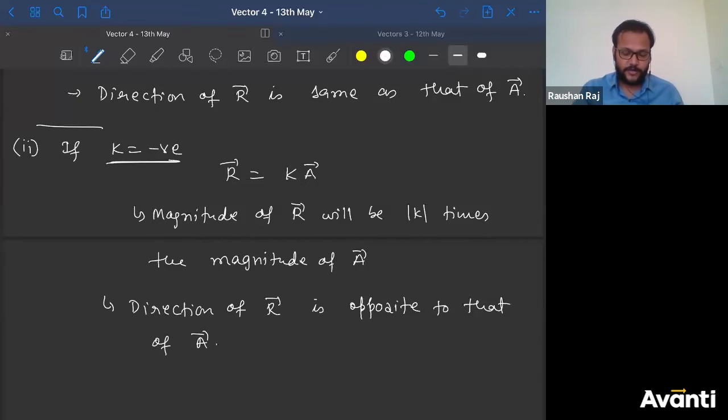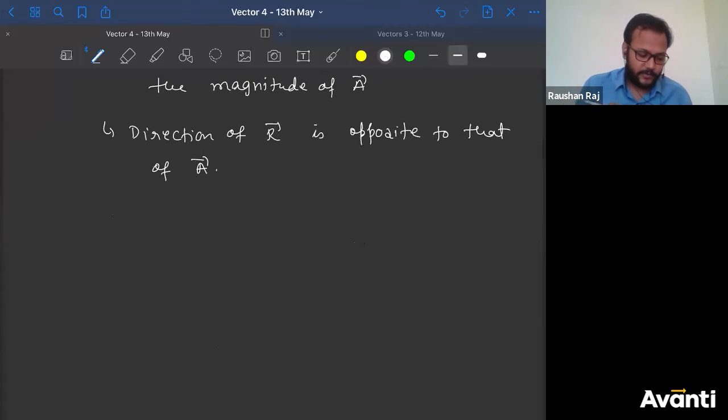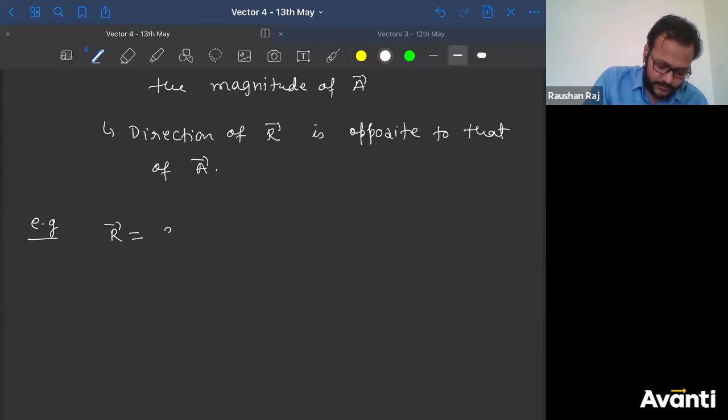Okay, very good, Tarak Dutta. Now let me give you some examples. If I say r vector is equal to 3 into a vector, what is the meaning of this? This will tell you that modulus of r is equal to mod 3 into modulus of a.